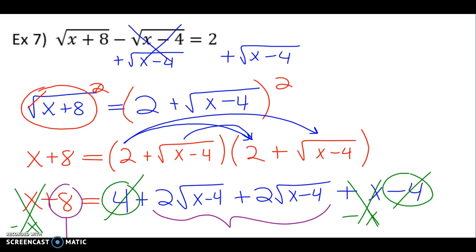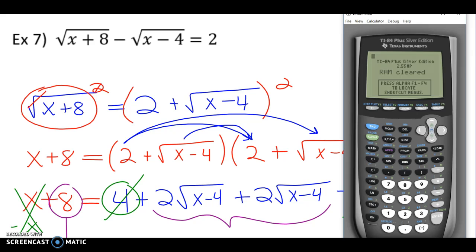Let's go back to the original problem now and see if our work was worth it. So if you take the left side of this equation and you plug in the number 8 for all of the x's, so 8 plus 8, plus the square root of 8 minus 4. Now some of you are going to see that it is going to work, right?